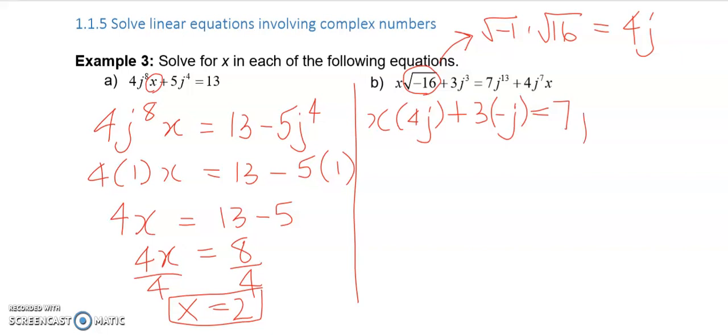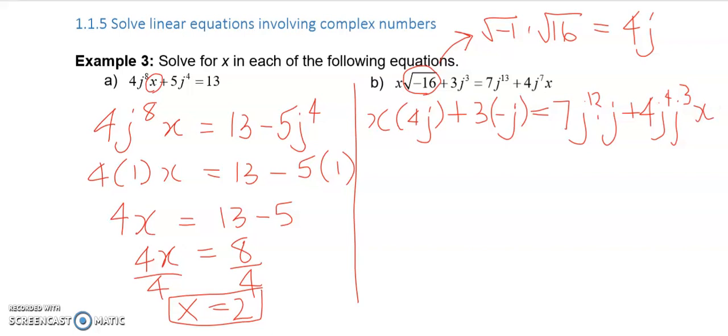So if I break that apart into j to the 12 multiplied by j, and the j to the 12, of course, remember, that's just going to become a 1. And then the last term we have is plus 4 j to the 7. I'm going to break that apart into j to the 4 and j to the 3. And then we have an x there as well.